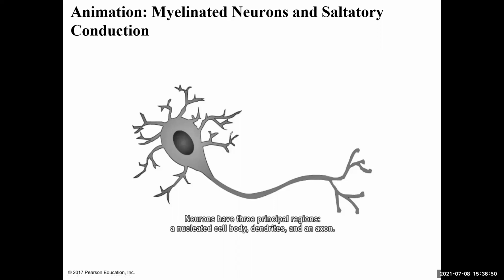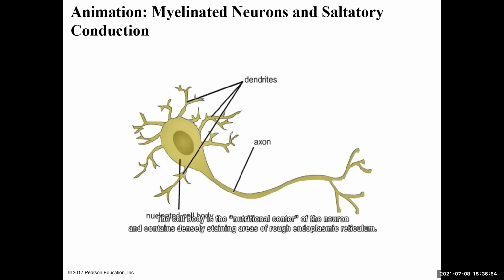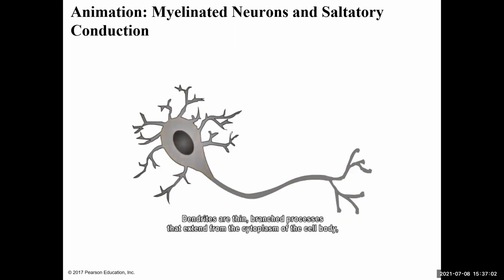Neurons have three principal regions: a nucleated cell body, dendrites, and an axon. The cell body is the nutritional center of the neuron and contains densely staining areas of rough endoplasmic reticulum. Dendrites are thin, branched processes that extend from the cytoplasm of the cell body, providing a receptive area that collects and transmits electrical impulses to the cell body.